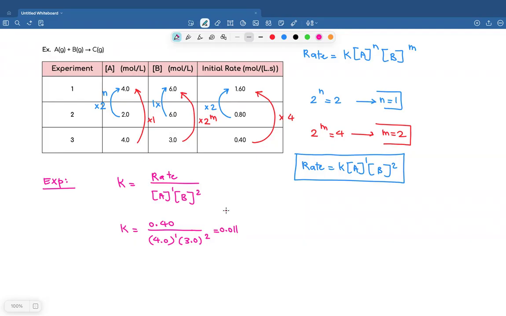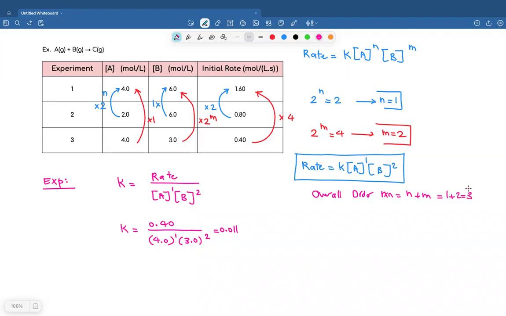Now, for finding the units, we have to plug in the units of all the concentrations and the initial rate as well. Just keep in mind, the reason I said we have to find the units is because the K unit will be different based on the order of reaction. So N is the order of reaction for A, and M is the order of reaction for B. The overall order of the reaction, if they ask us, is always the sum of N and M. So in this case, it's going to be 1 plus 2, which is 3.